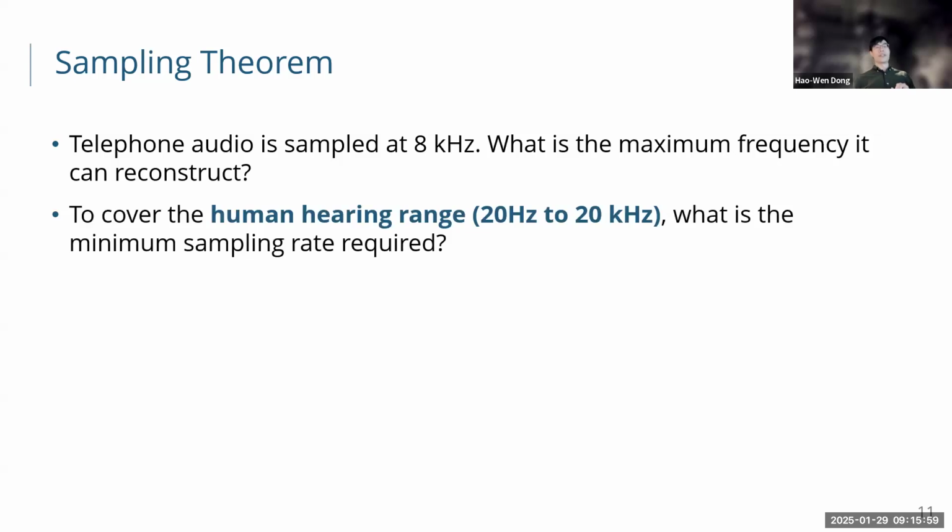To cover the human hearing range from 20 hertz to 20K hertz, what's the minimum sampling rate required? Pretty straightforward, I guess. So, that's relevant to why CD is sampled at 44.1K. At some point I checked, but I couldn't understand the reason. Yeah, there's some history and there's some debate. But I think eventually people sort of gave up.